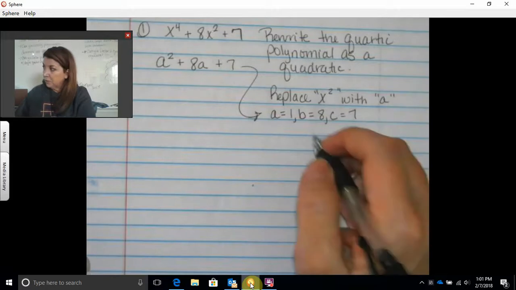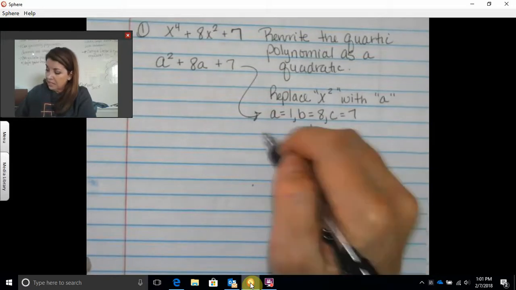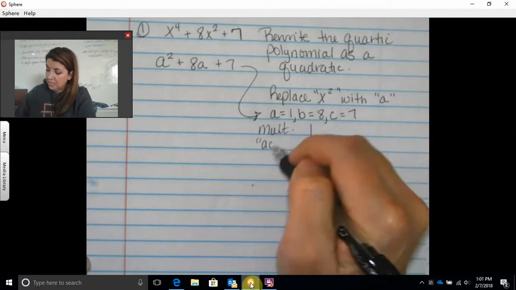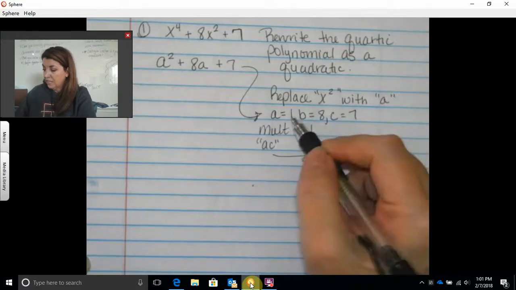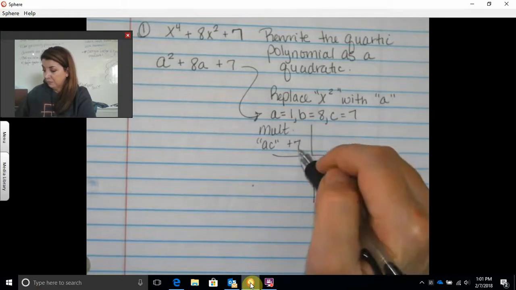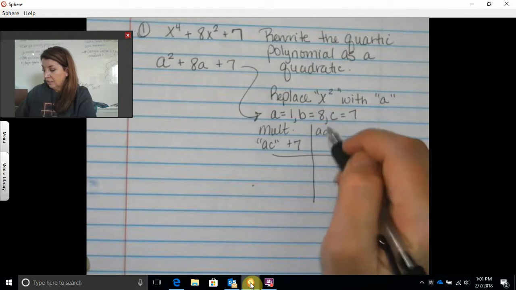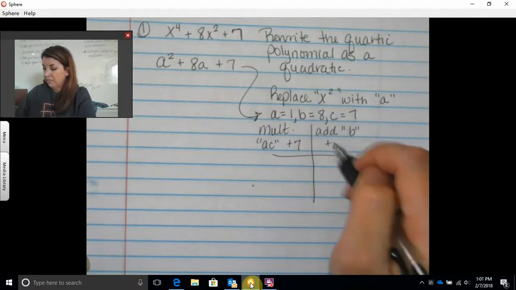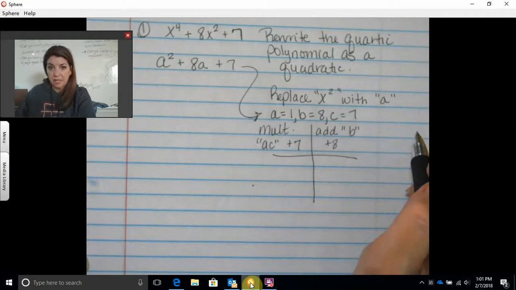Make our little T-chart. We've done this a million times. I need two numbers that multiply together to give me a times c. A times c is positive 7. They need to add to give me b, which is positive 8.